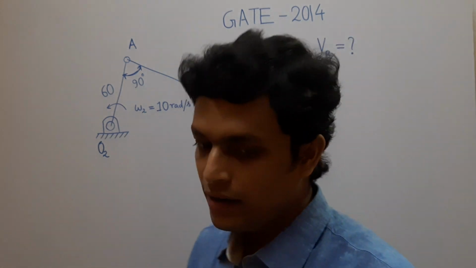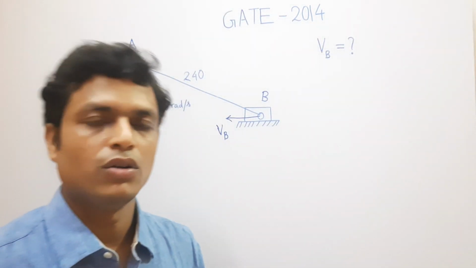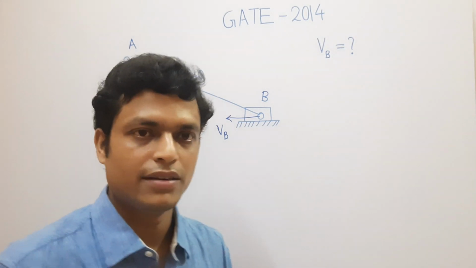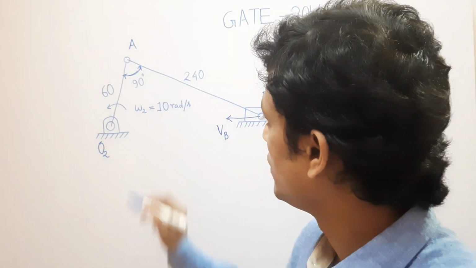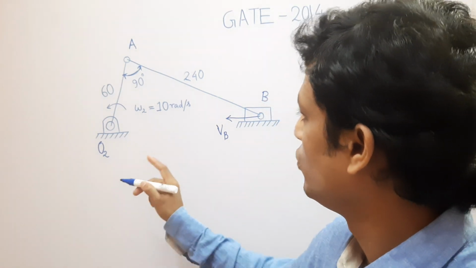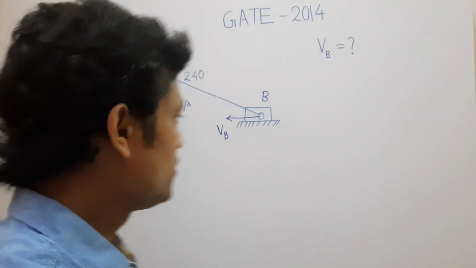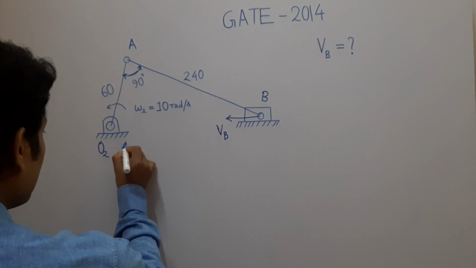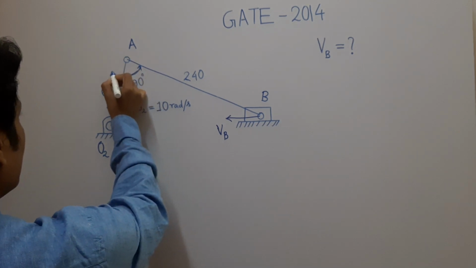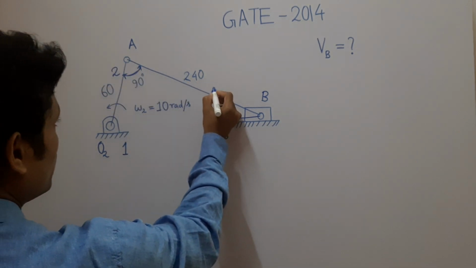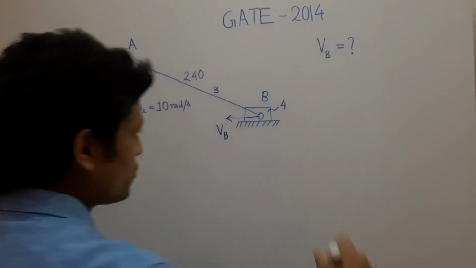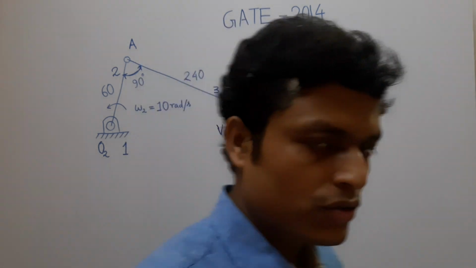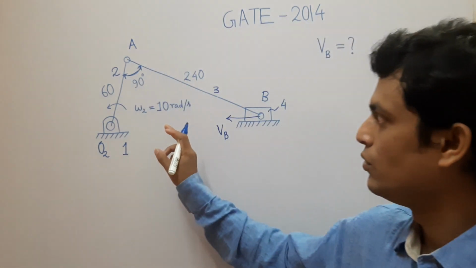So how to find it? If you apply the concept of relative instantaneous center, then we know the velocity of link 2, that is the crank. Let us denote the fixed link as 1, crank as 2, connecting rod as 3 and slider as 4. So the velocity of 2 is known to us.